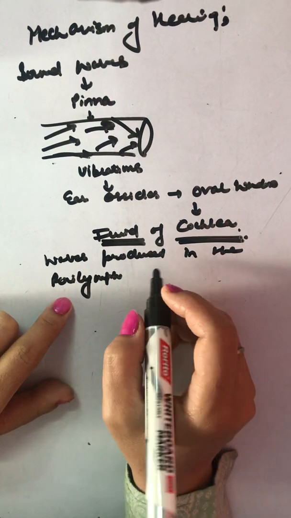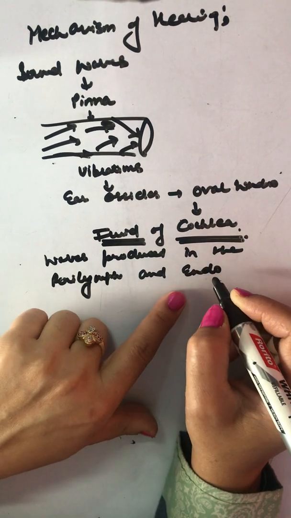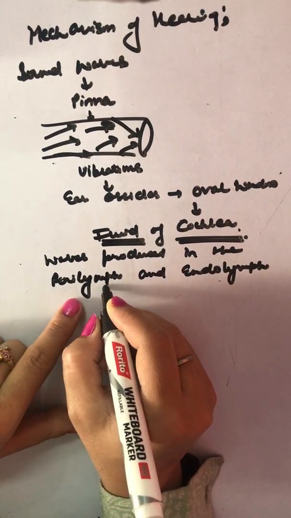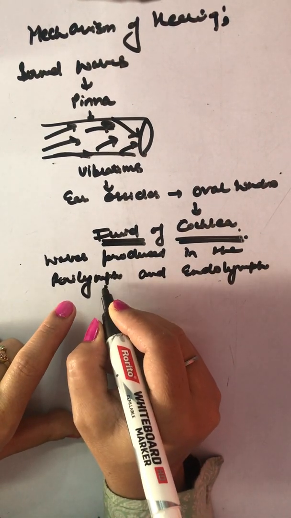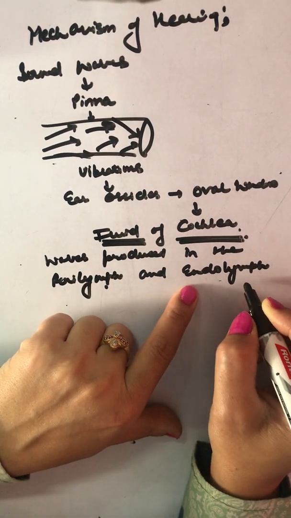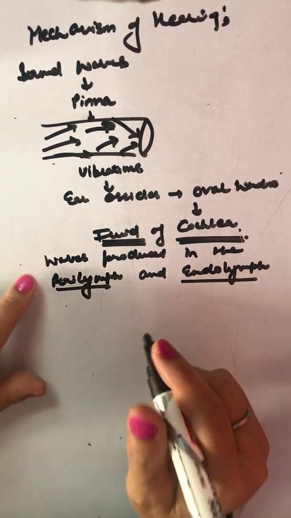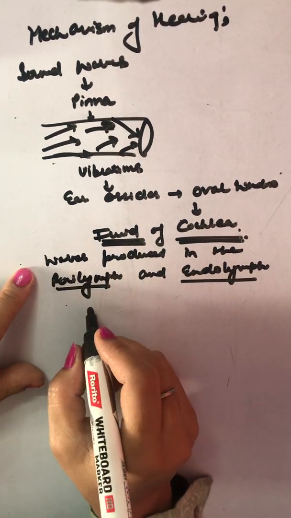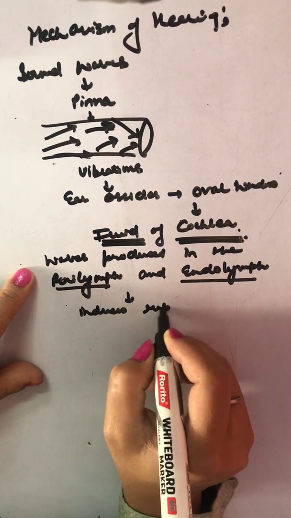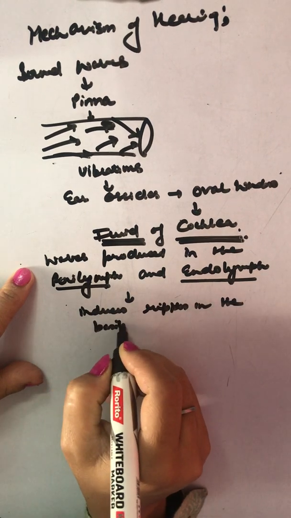This perilymph is outside the membranous labyrinth, in which it is floating, and the endolymph is the fluid present inside the membranous labyrinth. These two fluids show waves. It induces ripples in the basilar membrane.